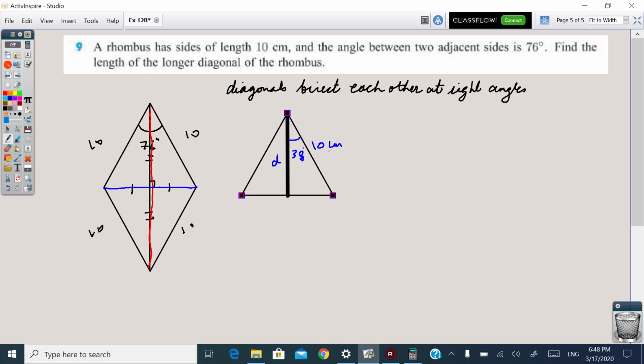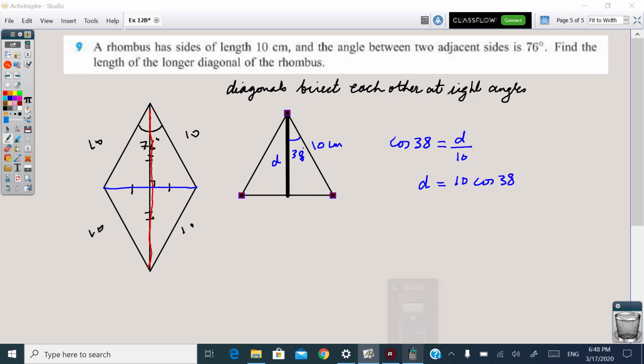So therefore, we're talking about the cosine. So cosine of 38 is equal to the adjacent, which is D, divided by 10. And D is therefore equal to 10 cosine 38.